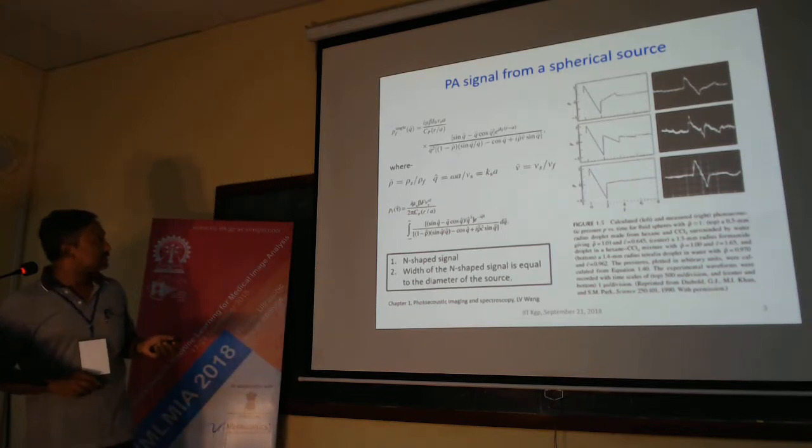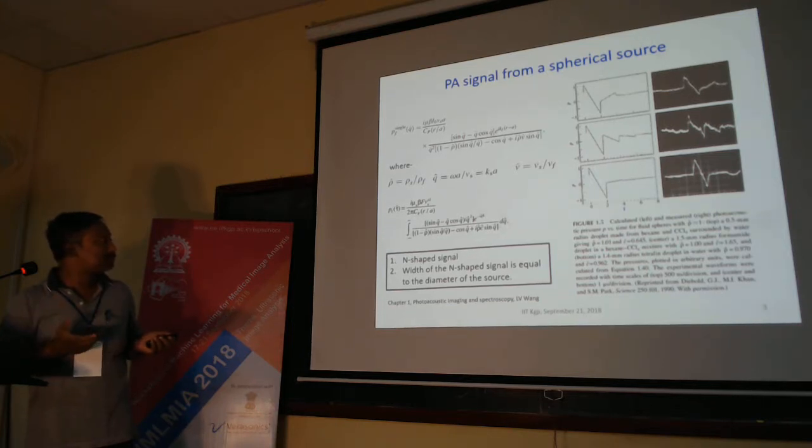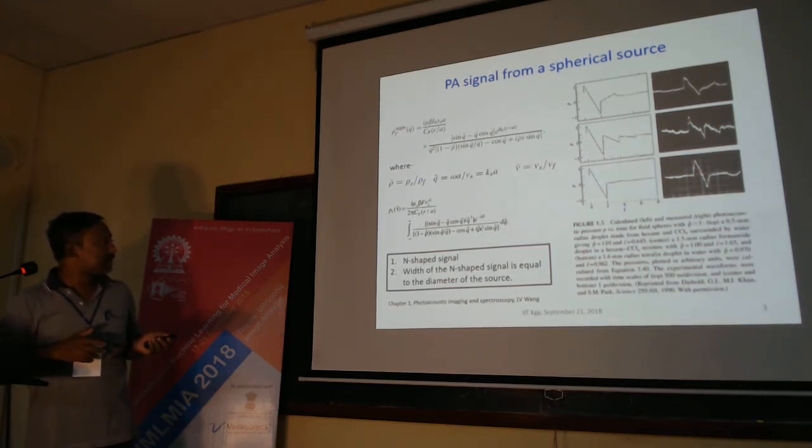So the main message from this slide is that if you have a single absorber, it will emit an N-shaped signal, and the width of the N-shaped signal is equal to the diameter of the source.